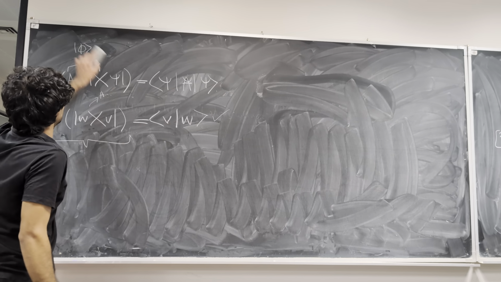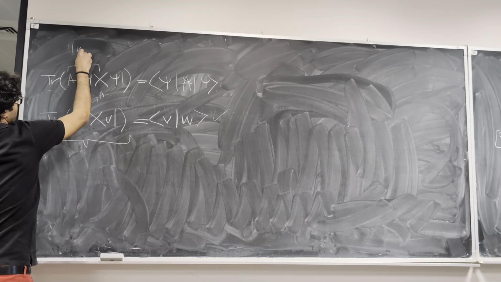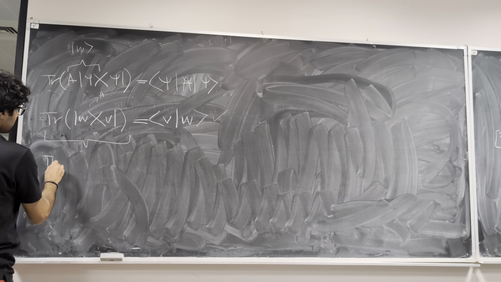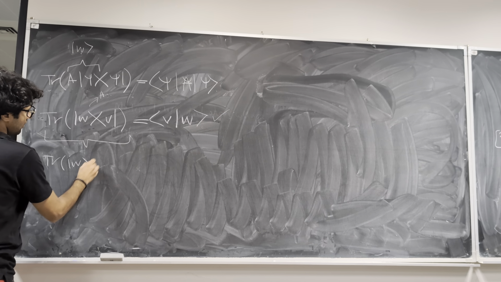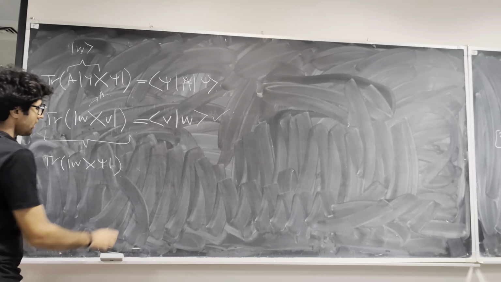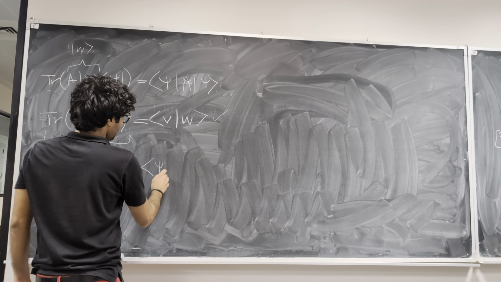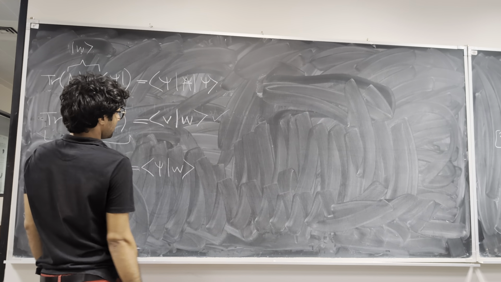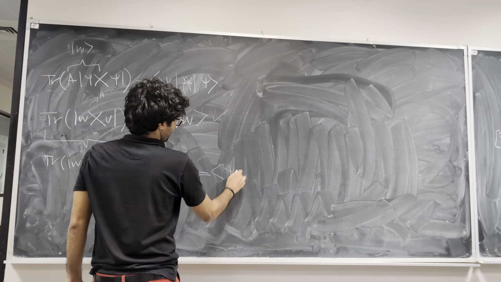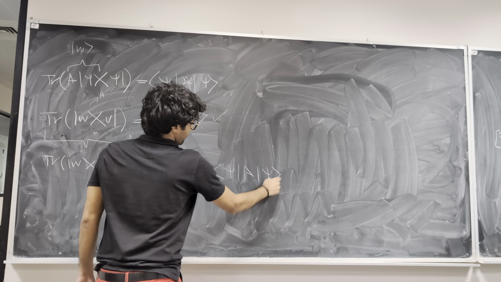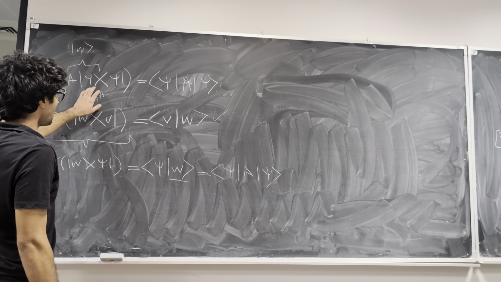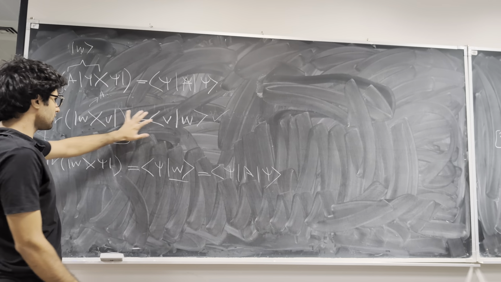I can even call it W. So now it's the trace of W, and instead of V I have psi, and this would be equal to the inner product of psi with W. And now I expand this out. Make sense? Simple.